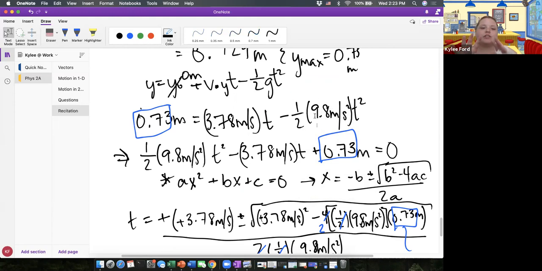And then I moved everything over to one side. So I added this over, so then it would be a positive, which is what I have here. And if I subtract this one over, yeah, that should be fine.